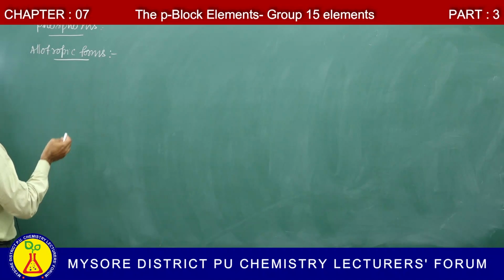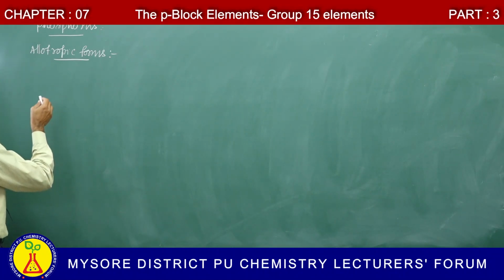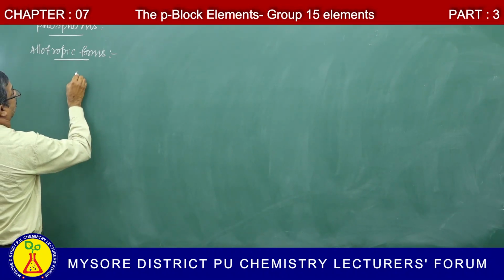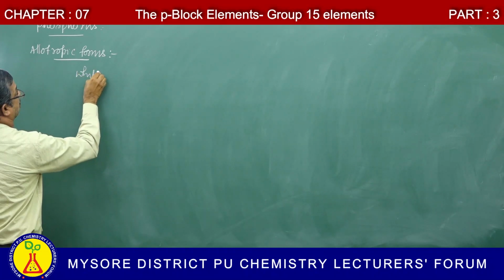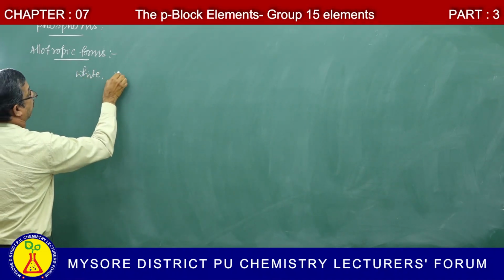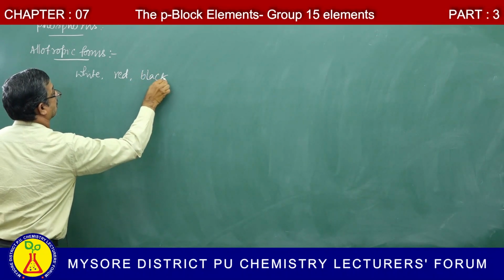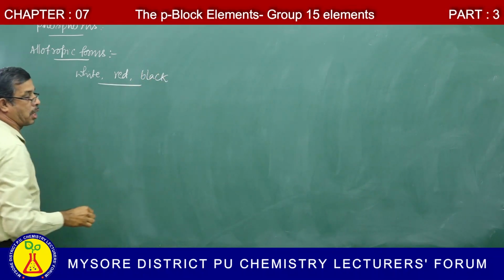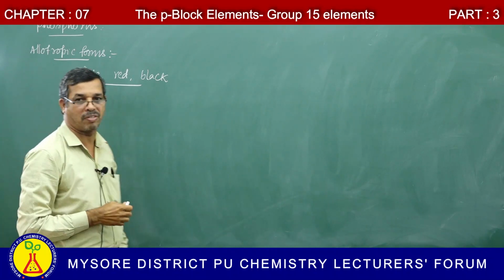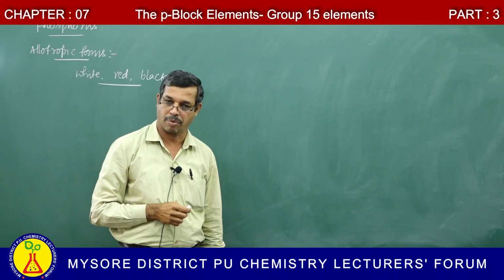The important allotropic forms of phosphorus are white phosphorus, red phosphorus and black phosphorus. These are the three important allotropic forms of phosphorus.